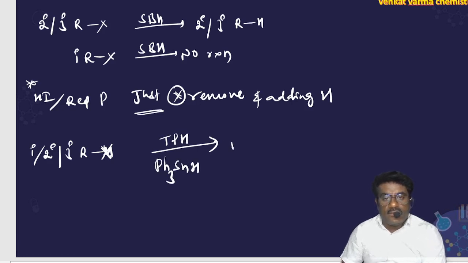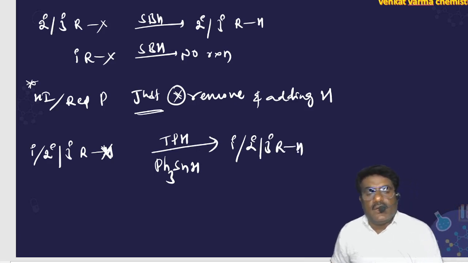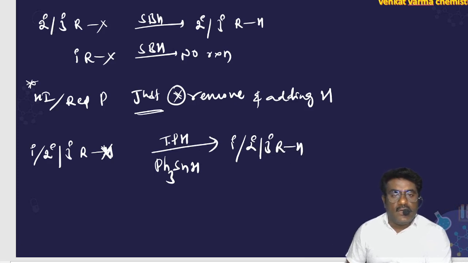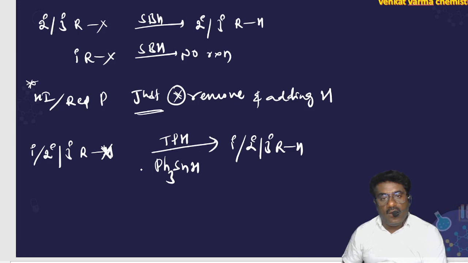It gives primary, secondary, or tertiary alkane. This is for the reduction of alkyl halide.